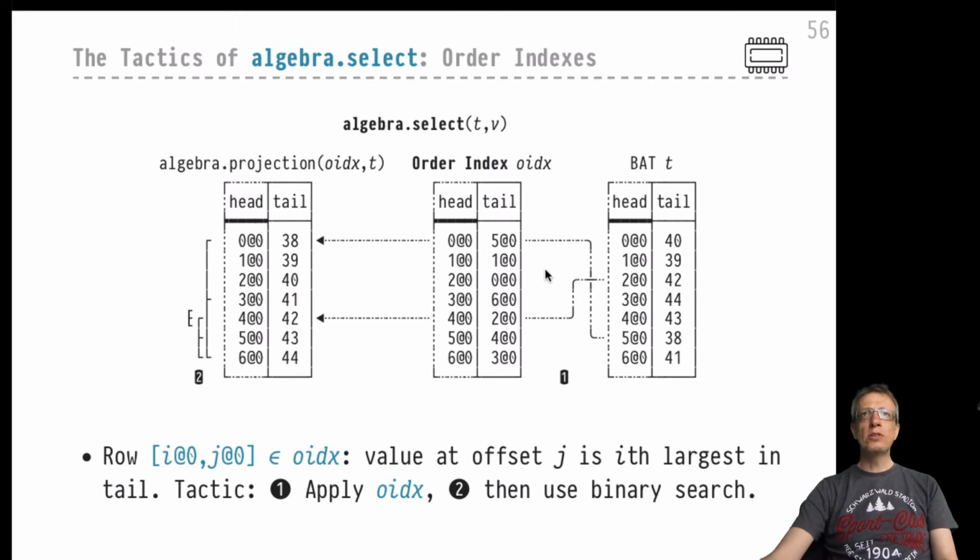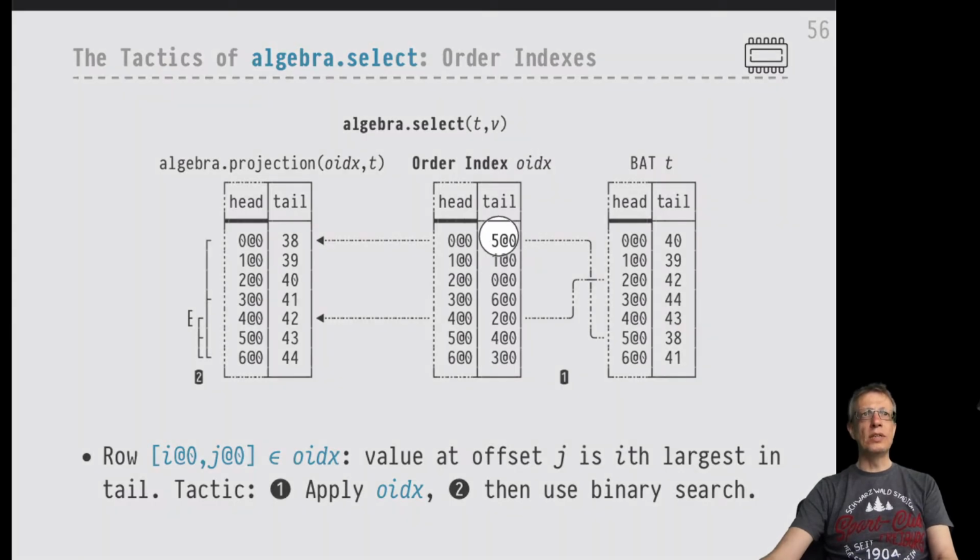Okay, so what's the semantics of this value 5 in the order index? Well, it says that the value at offset 5, that's this value, should indeed be at offset 0 in a sorted BAT.